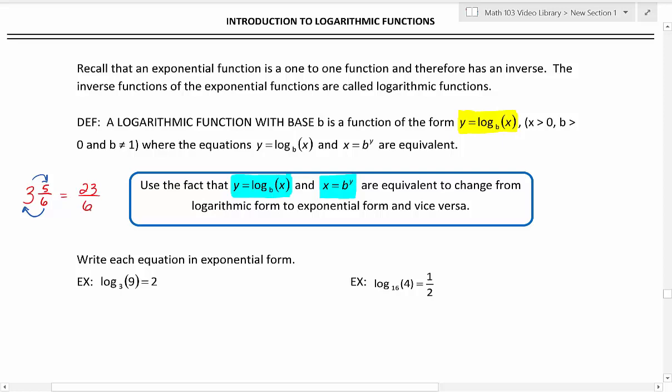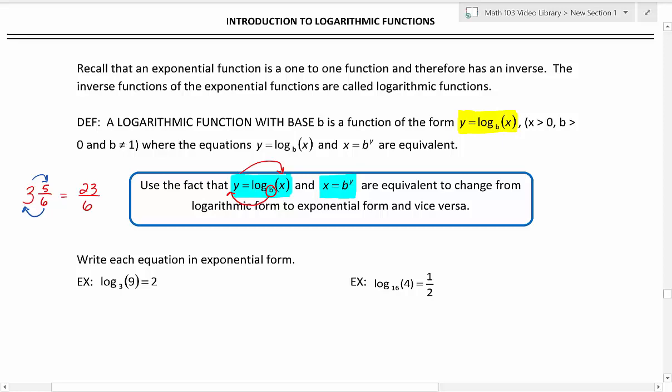I see that same thing going from log form to exponential form. You're going to start with the b, which is on the bottom, and then I'm going to make this same circle. So b raised to the y is equal to x.